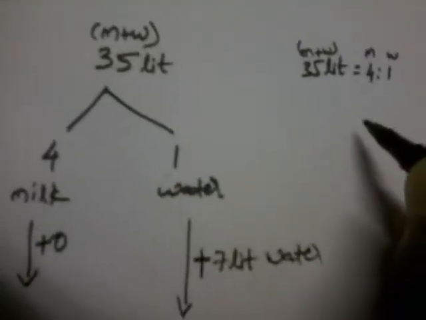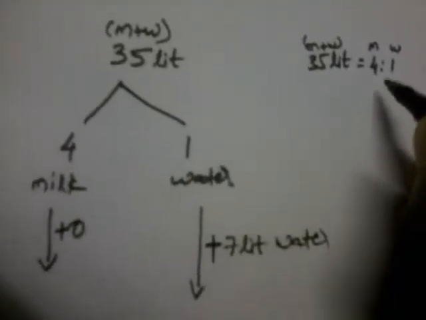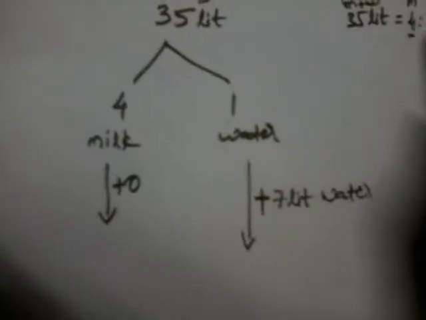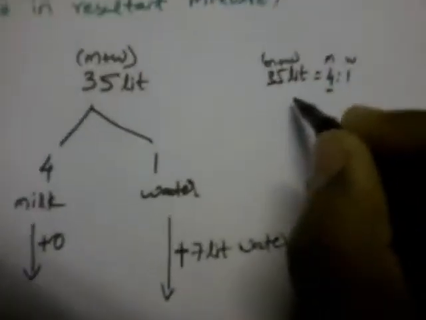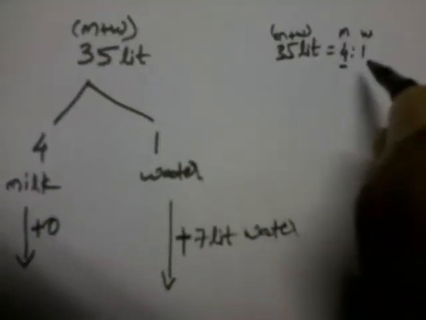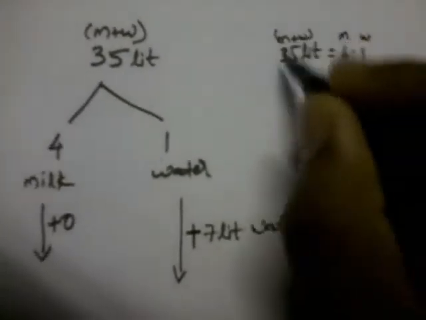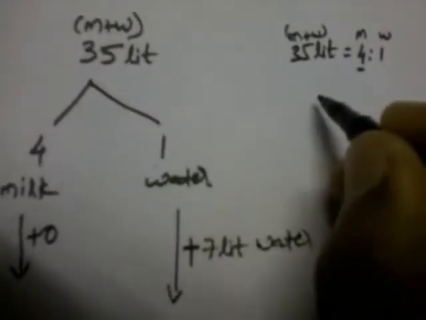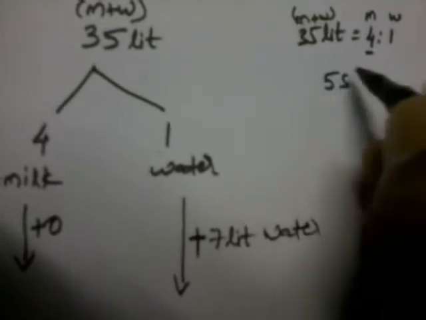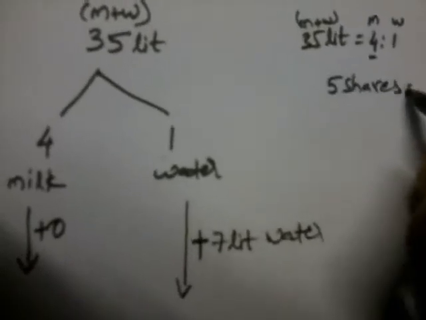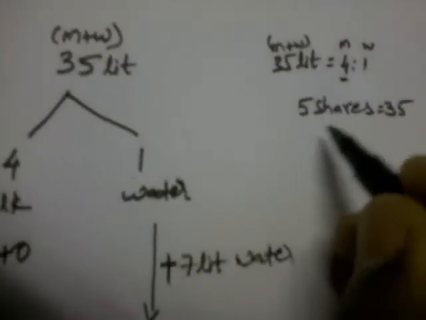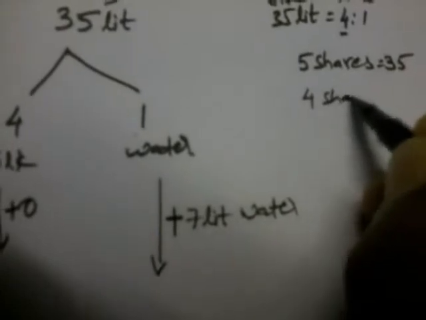Initially we have to find the quantity of milk. The sum of the ratio parts equals the sum of the amount of liters, so 5 shares is equal to 35 liters, and we want the milk, which is 4 shares.